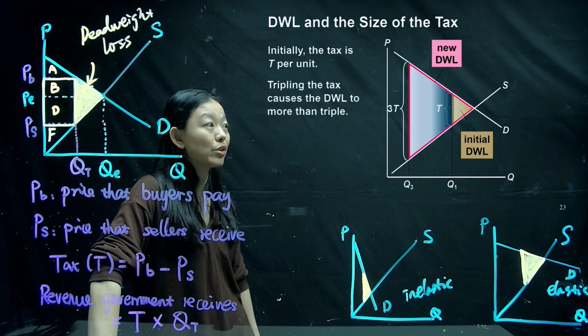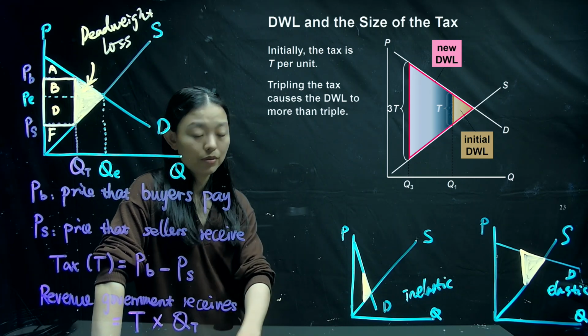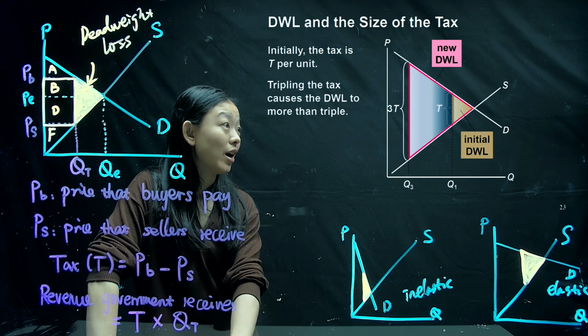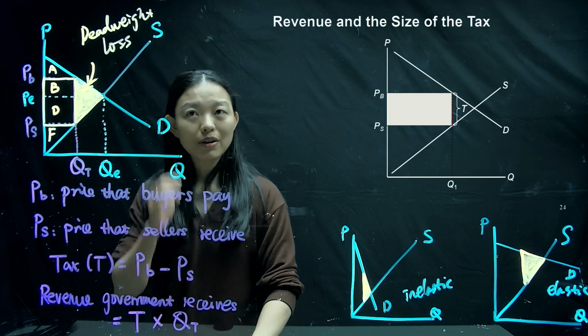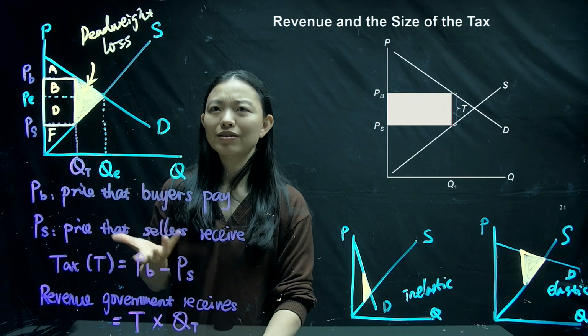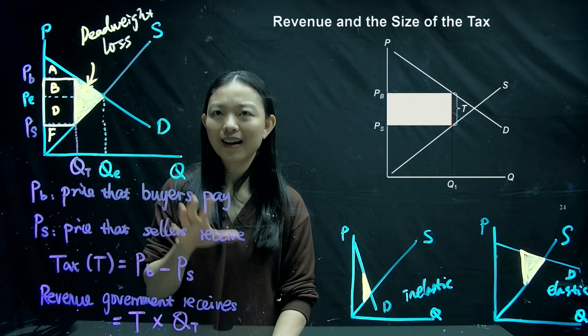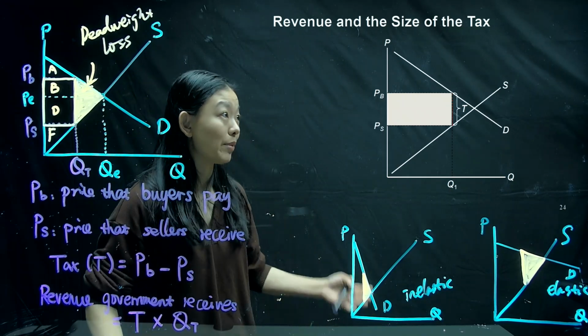So tripling the tax rate will cause the deadweight loss to be much more than triple the original deadweight loss. So it's not a good idea for the government to increase the tax rate, like by double, because it will result in a much larger deadweight loss than before, okay?